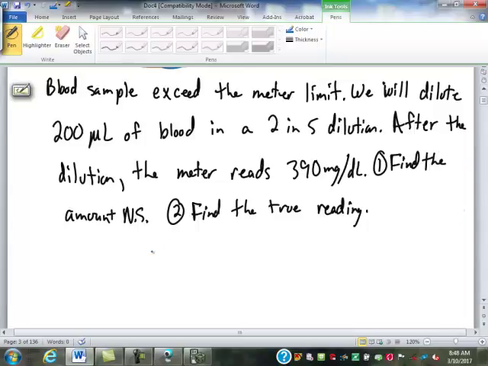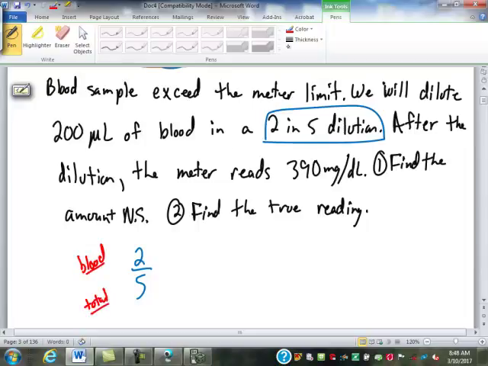Well, we have a 2-in-5 dilution. The 2, of course, is the serum, in this case the blood. And the 5 is the total solution. What ratio are we going to use to find the amount of NS needed?